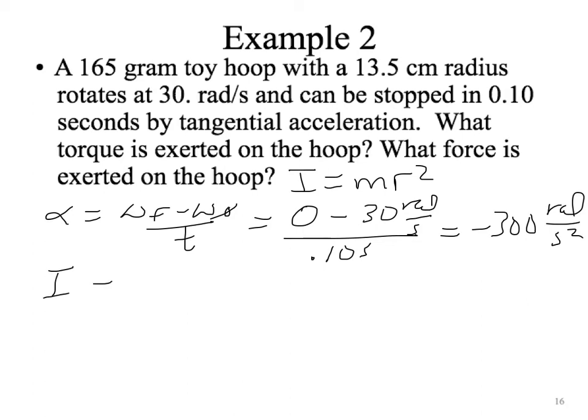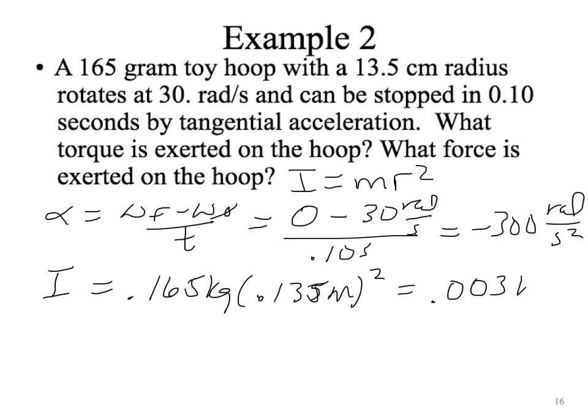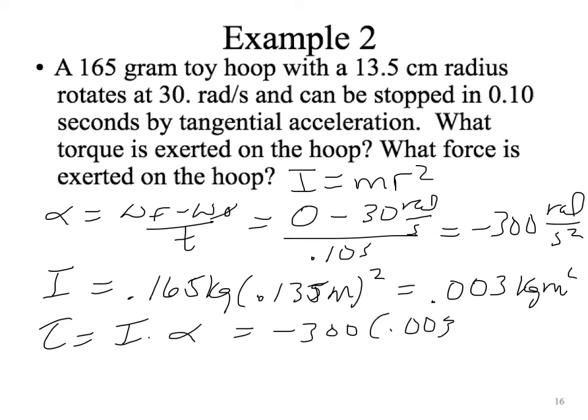Our moment of inertia is going to be mr squared, so 0.165 kilograms times a radius of 0.135 meters squared. It has to be in kilograms and meters so we can get newtons and that kind of thing. So we have a moment of inertia of 0.003 kilogram meters squared. Our torque is then moment of inertia times alpha: negative 300 times 0.003, which gives us negative 0.900 newton meters.